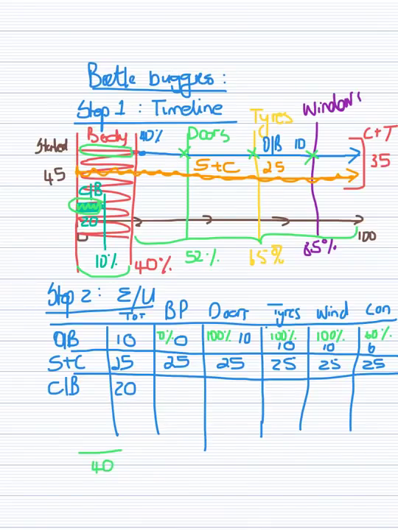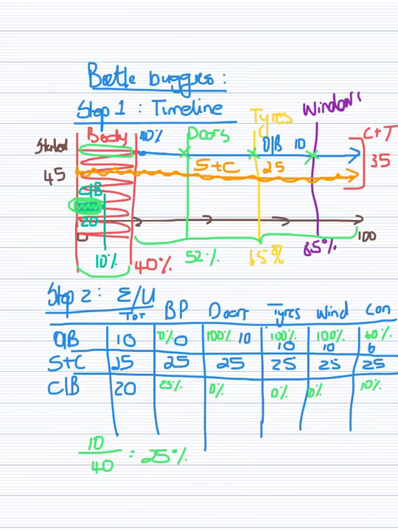What is the size of the range that it overlaps? Which is 10 less 0 is 10, and that gives me 25%. So for body parts, this will be 25%. Doors, I did not get there, is 0%. Tires 0, windows 0, and conversion 10%.